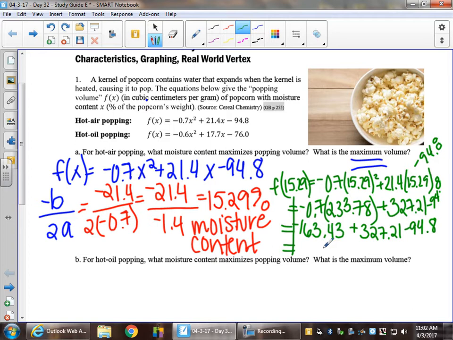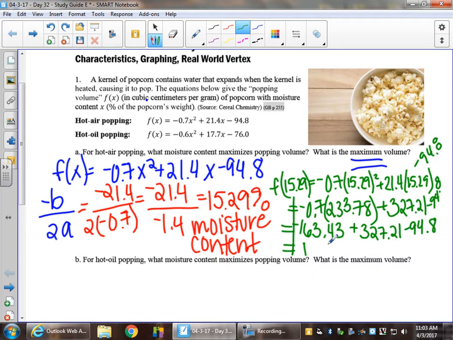What is negative 163.43 plus 327.21? What do you get? Okay, because this is negative, negative times positive, and that's going to change your answer. Maya, what did you get?